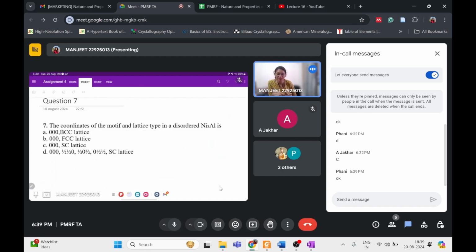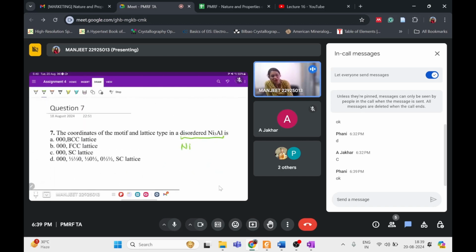Question number 7 is: the coordinate of the motif and the lattice type in distorted nickel 3 aluminum 1. So what is nickel 3 aluminum? It is asked in the distorted one. Do you know about this structure of nickel 3 aluminum?